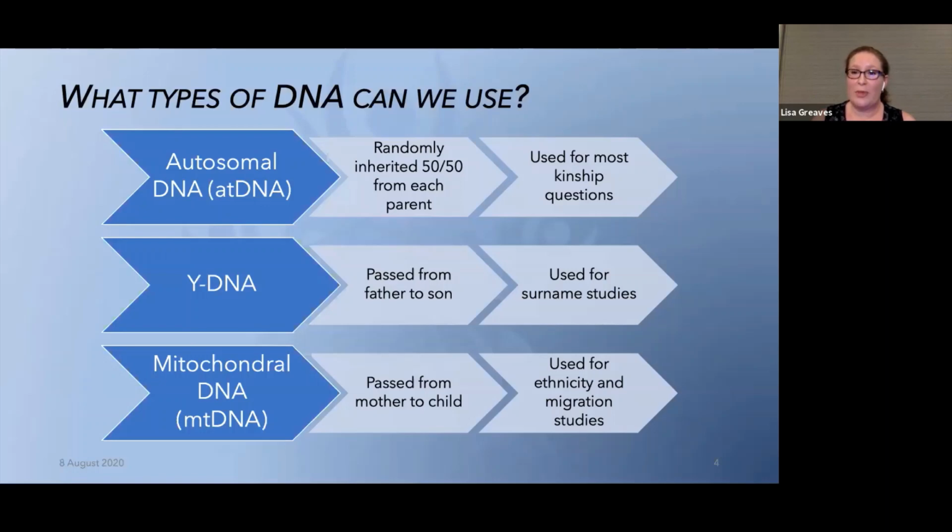You don't have 4 separate branches of your tree. In that case, it may only take you back about 200 or 300 years. So autosomal DNA is time delimited. It doesn't go back forever. But Y-DNA mutates much more slowly, which means you get fewer mutations per generation, and therefore, it can go back quite far.